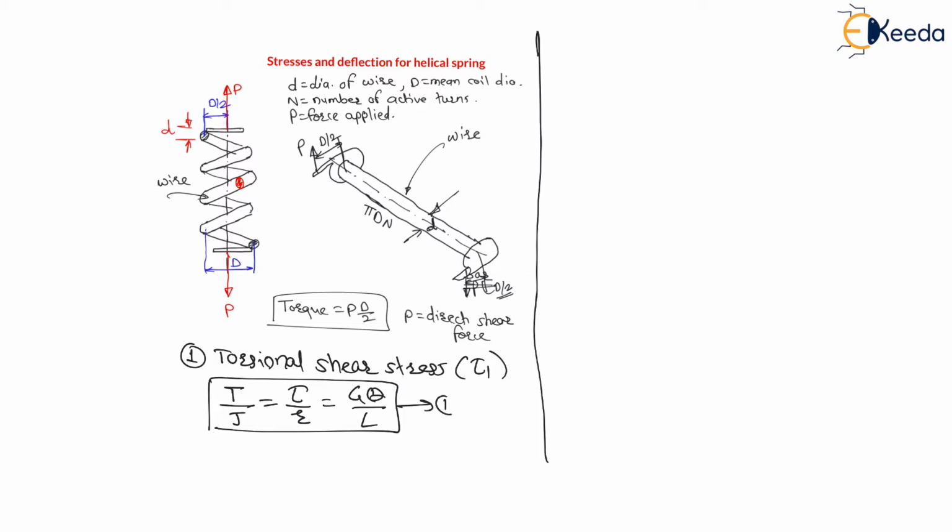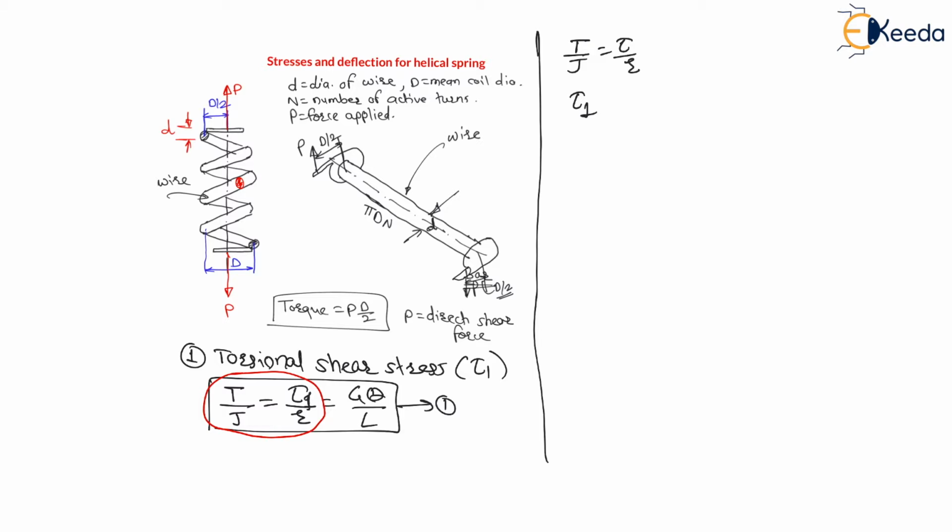This equation is again required later for finding deflection, right? Now here in this equation, I will equate the first with the second. T by J is equal to tau by R, which is nothing but torsional shear stress tau 1.